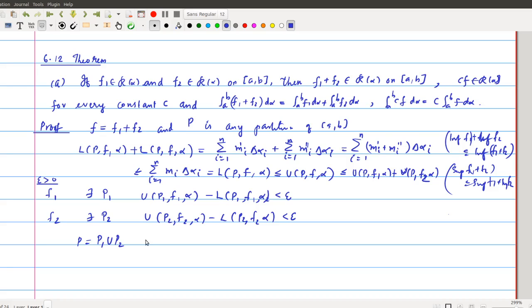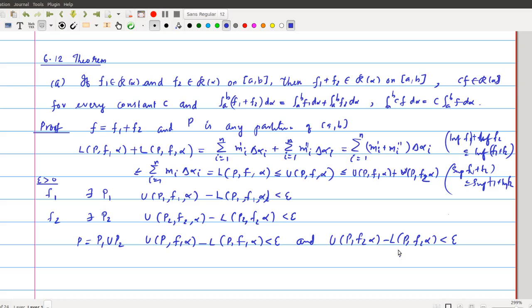So you have the same result: U(P, f1, alpha) minus L(P, f1, alpha) is less than epsilon, and this is true for the common partition as well, so U(P, f2, alpha) minus L(P, f2, alpha) is less than epsilon. The result is true for both functions f1 and f2 on the common partition.